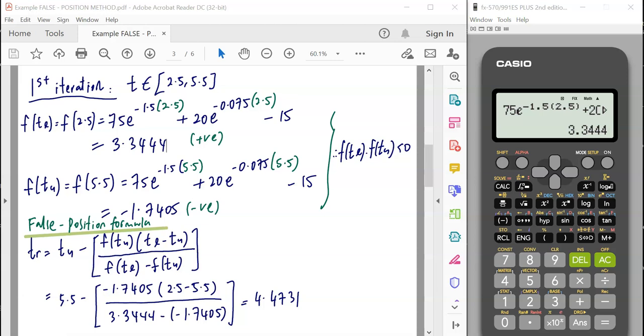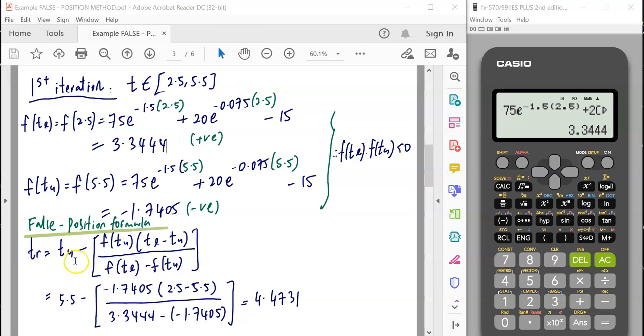Okay, students, now let's look at how to calculate our first root estimation in the first iteration. I assume that you already obtained your f(TL) and also your f(TU). So now let's estimate our first TR.